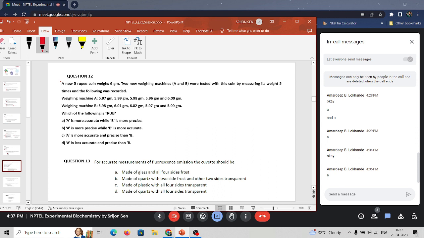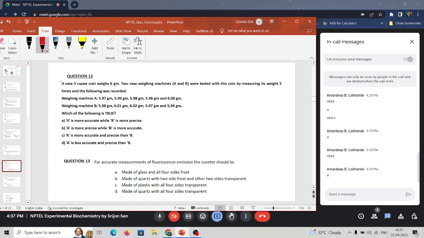So in any case, weighing balance B is more accurate. Now it can be either D or B, because A has to then be less precise. But when you see weighing balance A, the values are very close, at a distance of about 0.01 grams, whereas for the other you are seeing 0.03, 0.03 or 0.04 or sometimes 0.1.